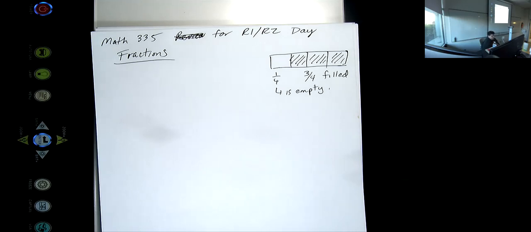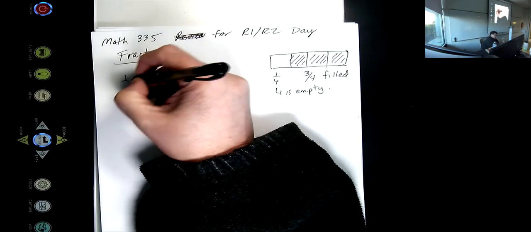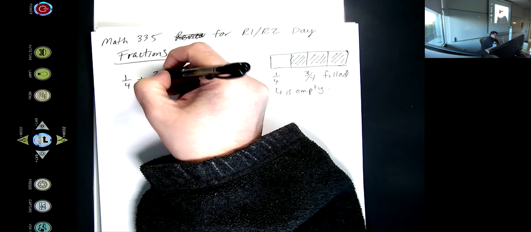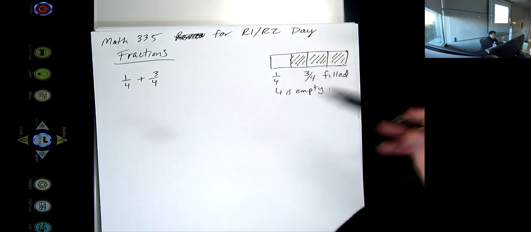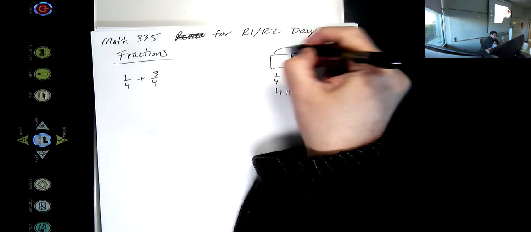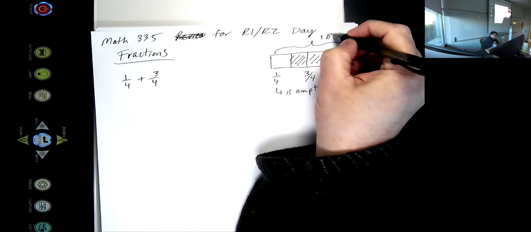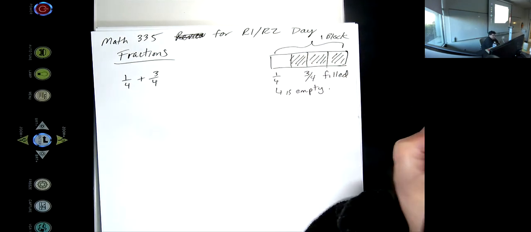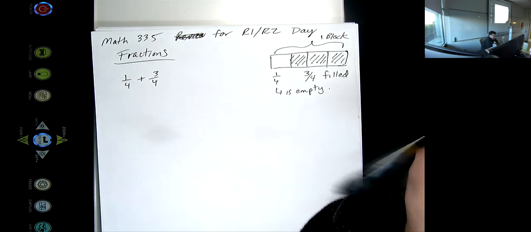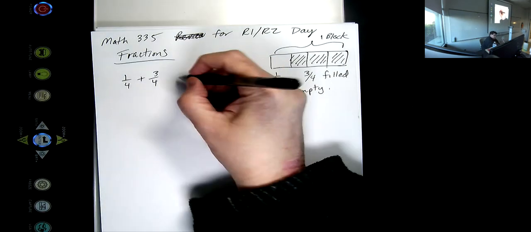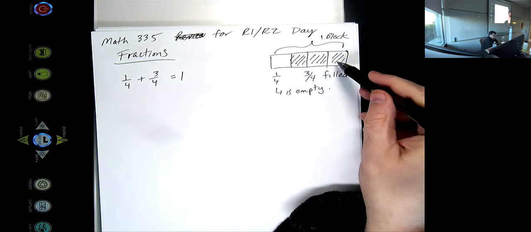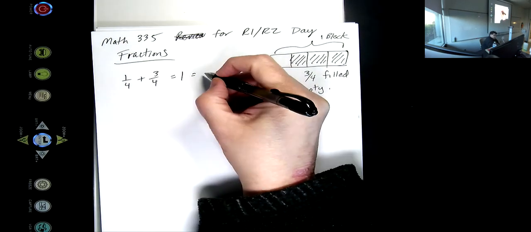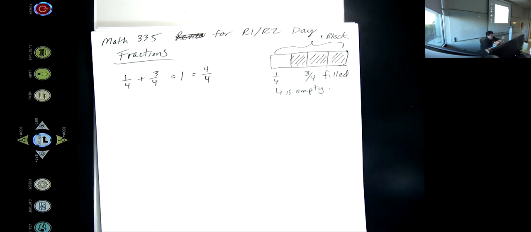You'll notice if we add the fractions together, we should get the total. The whole thing is one big block broken up into 4 pieces, so if I add them all up, it should add up to 1. And if I look at it as the tiny pieces, it looks like there's 4 pieces over 4.